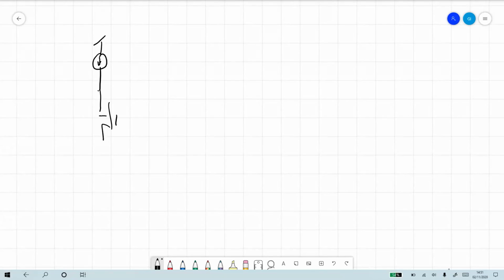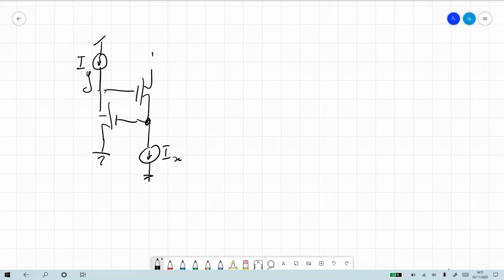So I'm drawing the current conveyor that you saw before. This is the current conveyor, if you remember. We have an input current here, Iy, and we force an X current here, Ix. So this is exactly the same building block that you saw before. This is the current conveyor.